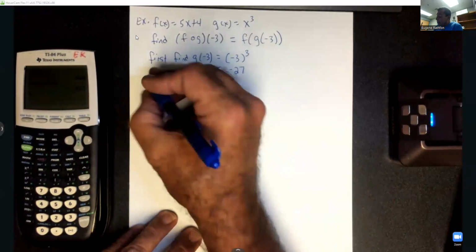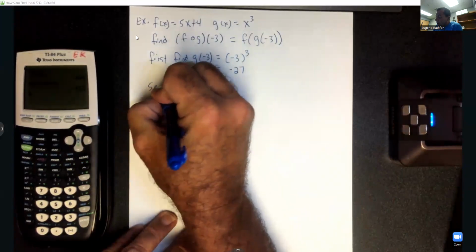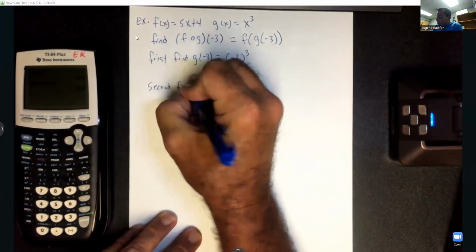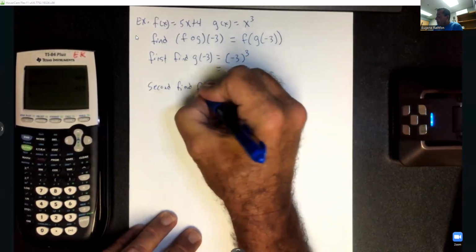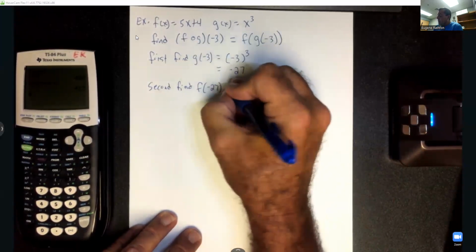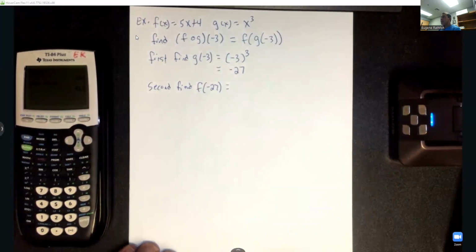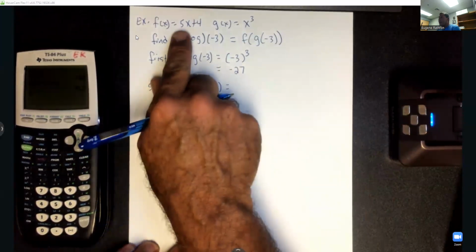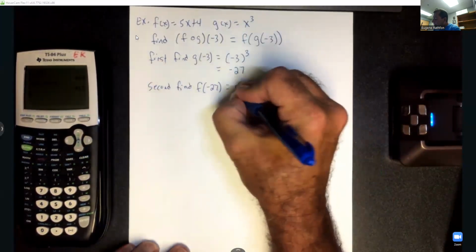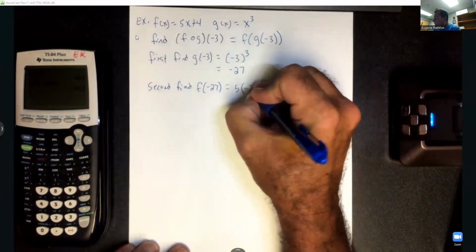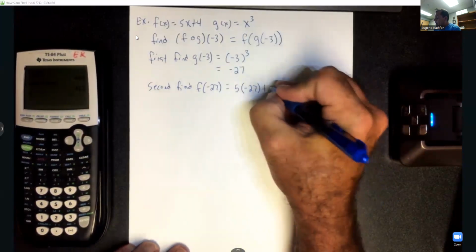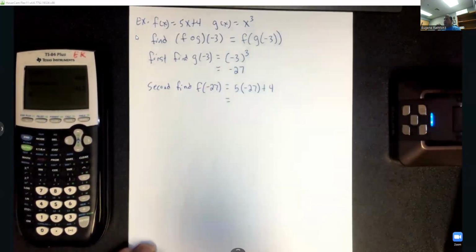So now we're going to put that into the F, which means we're going to find F of that -27. So let's see, here's my F equation, 5 times X, which was negative 27, plus 4.